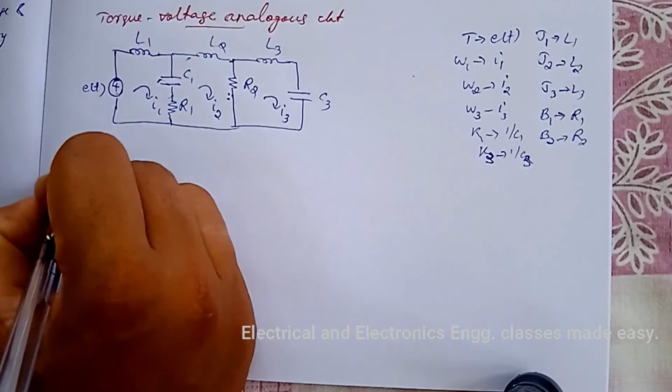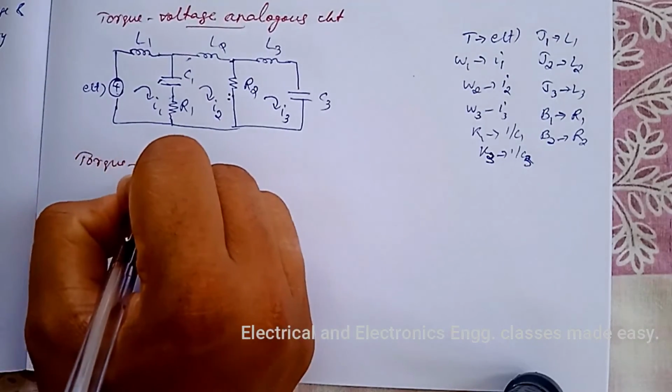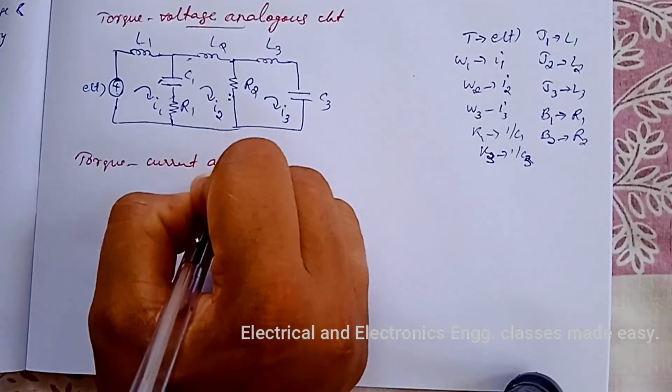Next we have to draw the torque current analogous circuit.